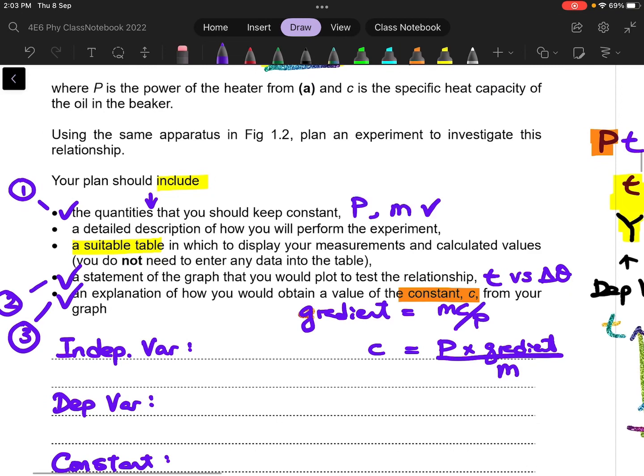If I just answer these 3 bullet points, I would have gotten 3 out of 5 bullet points, right? Oh, and also I need a table, right?